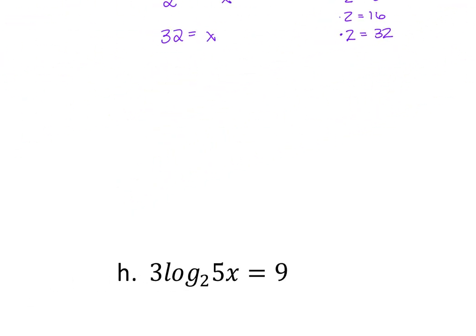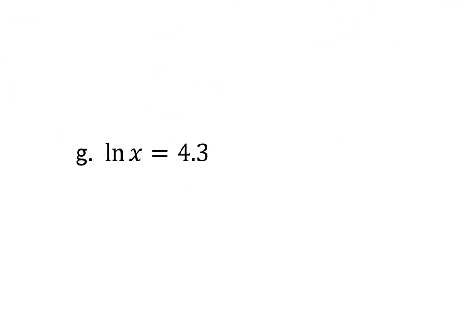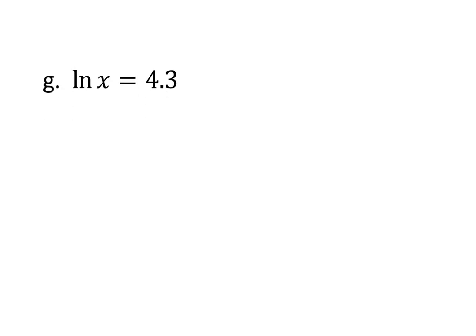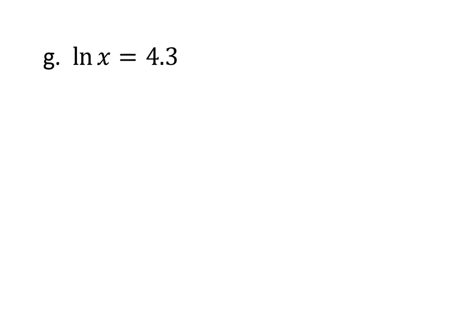All right, and then the last couple ones that we have. We have natural log of x equals 4.3. Again, this is one of our special logarithms. So the first thing I'm going to do is rewrite this as log base e of x equals 4.3. And then we can do our around the world trick.